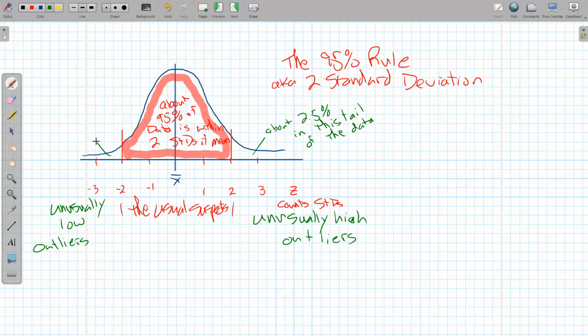And about 2.5% live in this one. And those are the unusual ones. We don't see those people very often, right? When you're walking around, you see a very tall person, you're like, my, that's a very tall person. But everyone else, you're like, eh, they're about the same height as me.